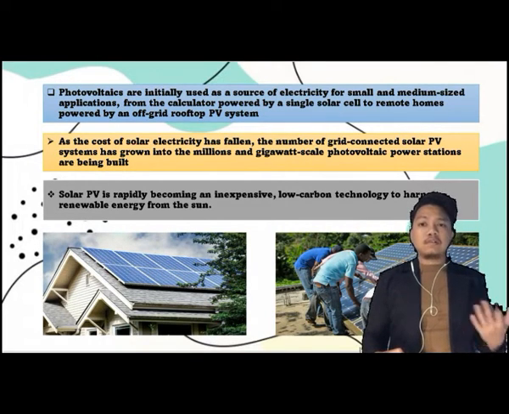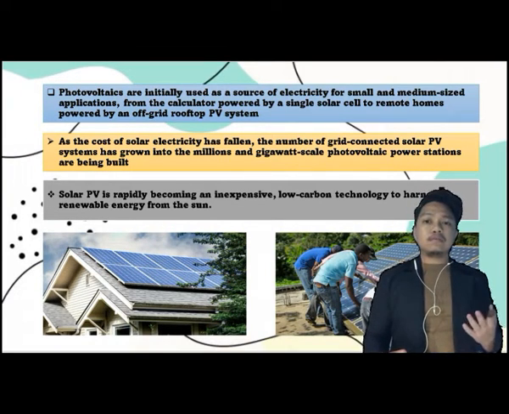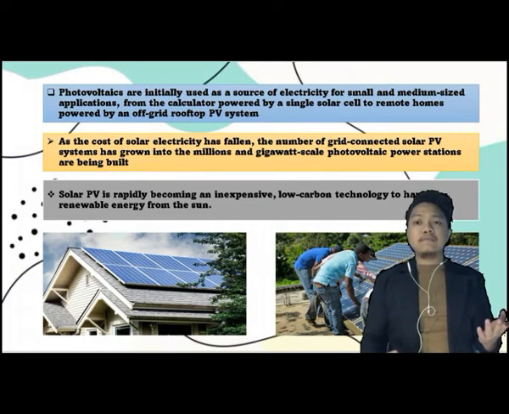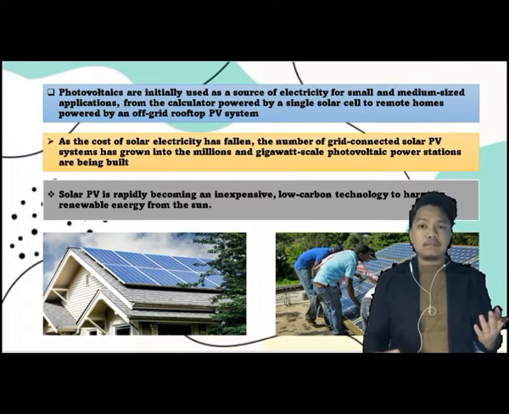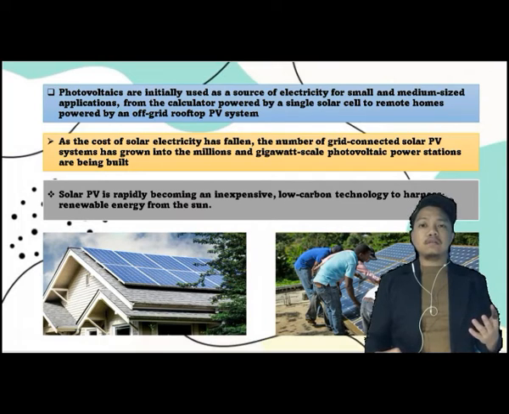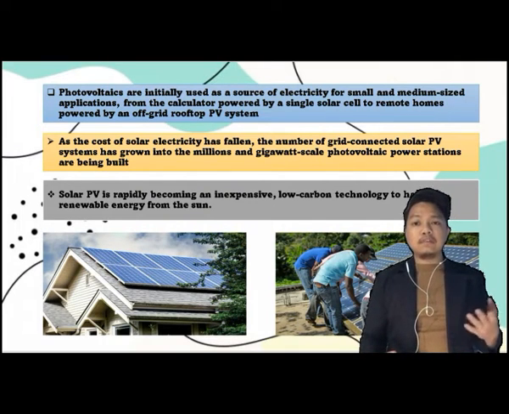As the cost of solar electricity has fallen, the number of grid-connected solar PV systems has grown into the millions and gigawatt scale. Photovoltaic power stations are being built. Solar PV is rapidly becoming an inexpensive, low-carbon technology to harness renewable energy from the sun.